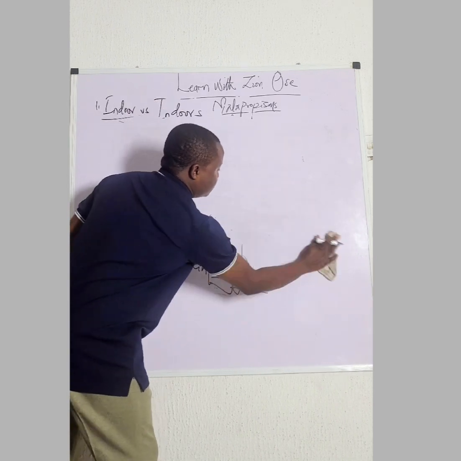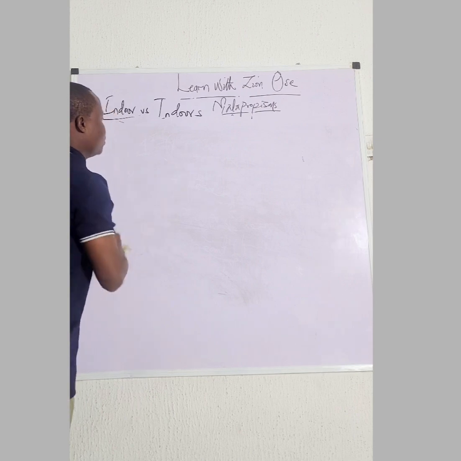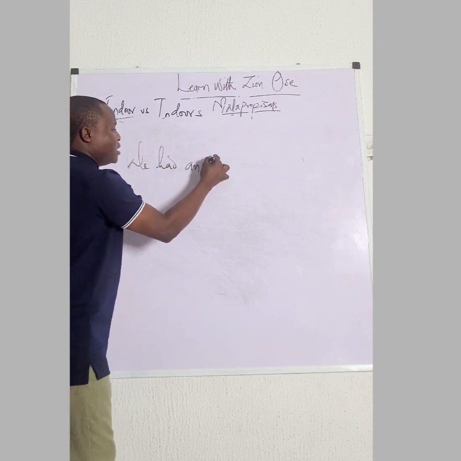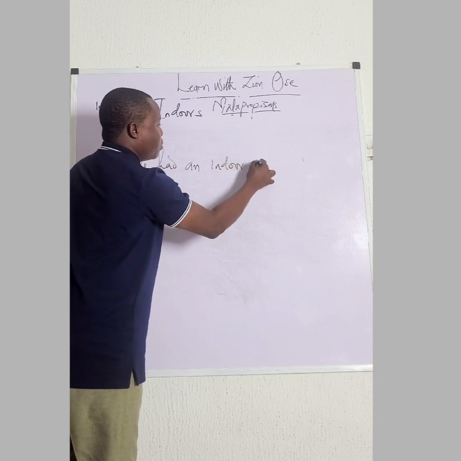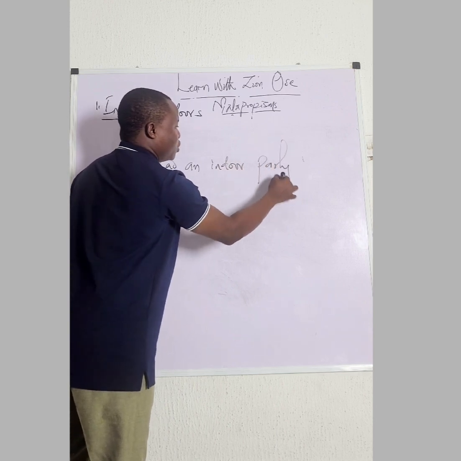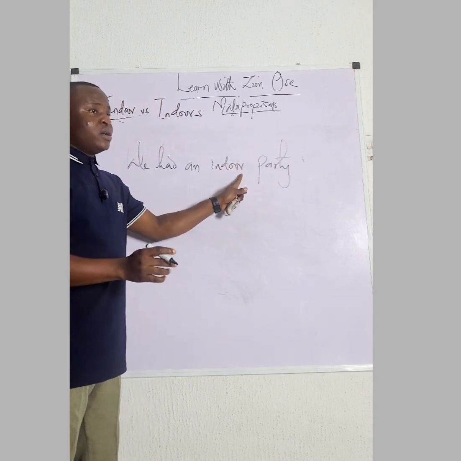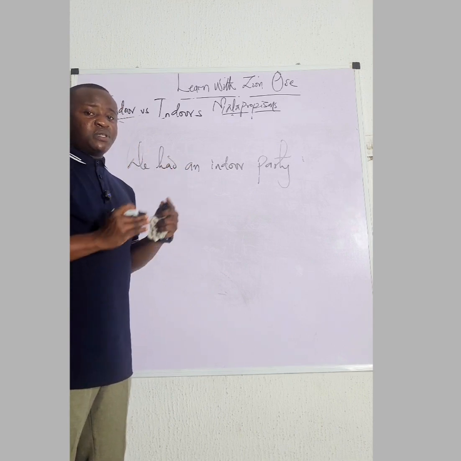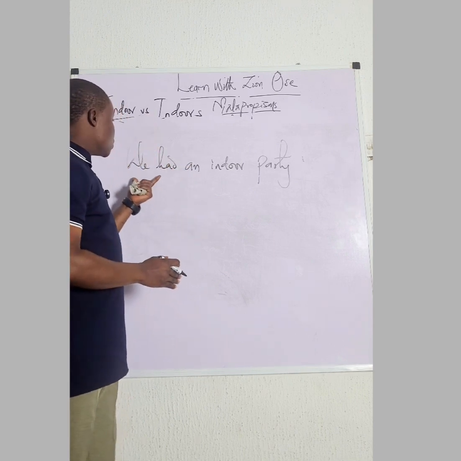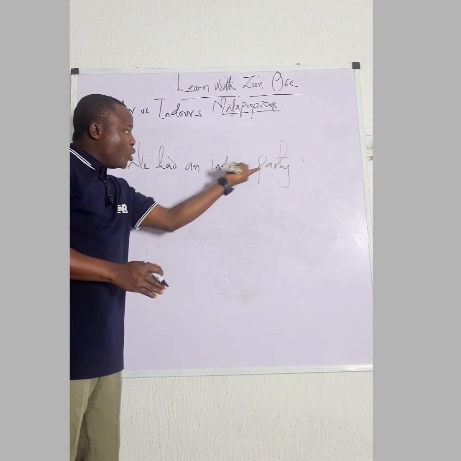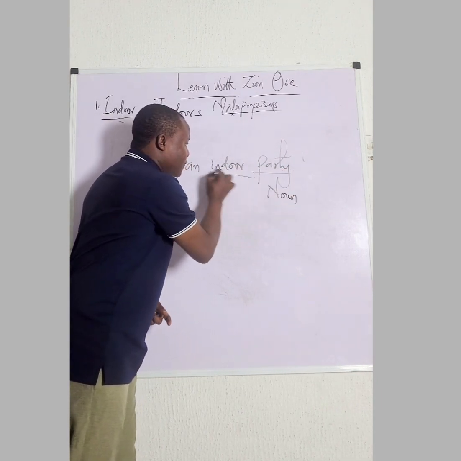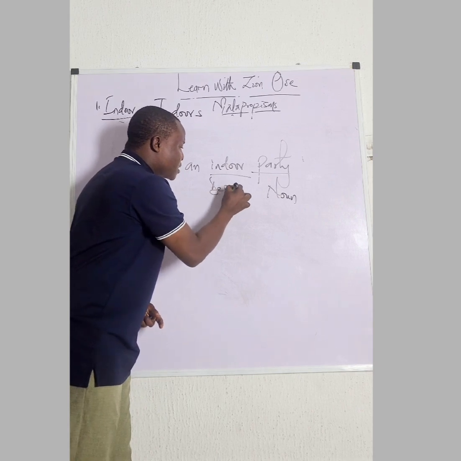Another example is this. We had an indoor party, which means that the party was held within a confined space, inside and not outside. So we had an indoor party, where party is a noun and this word is a description.